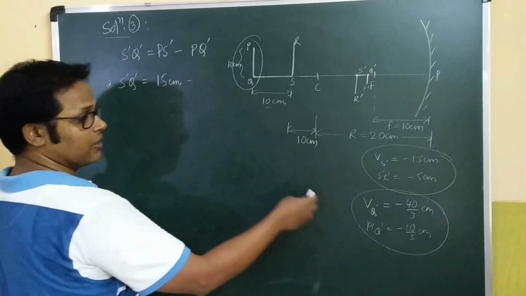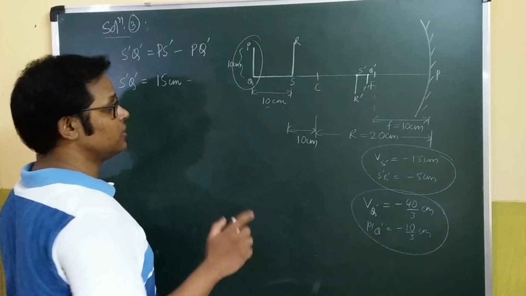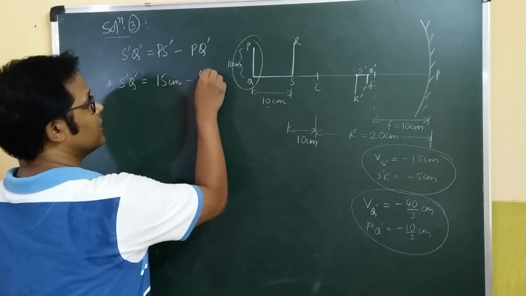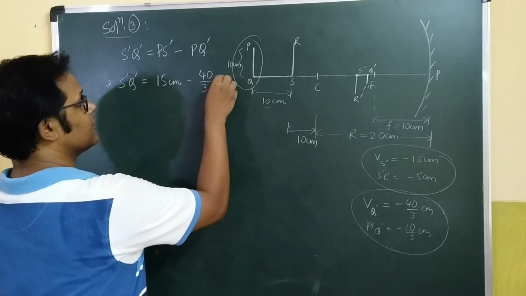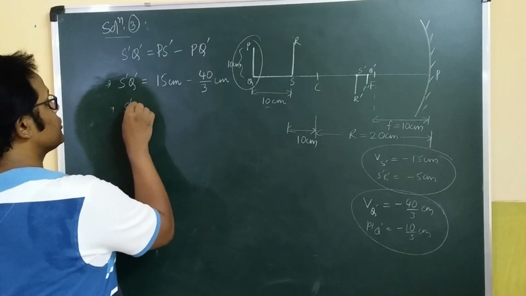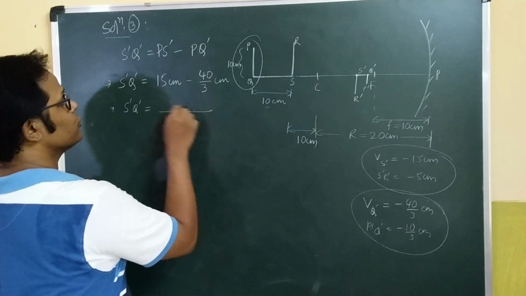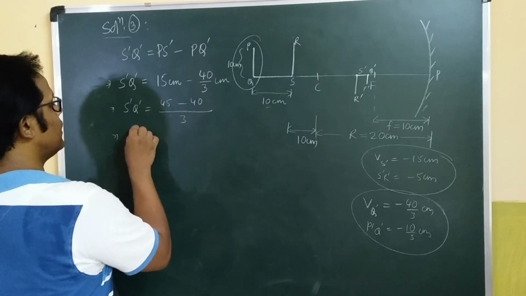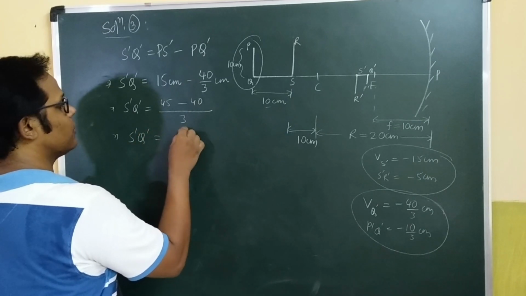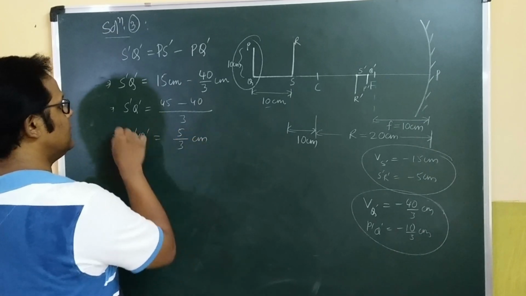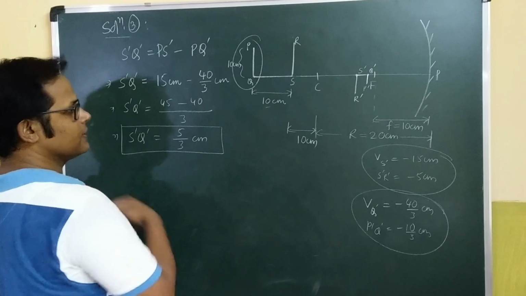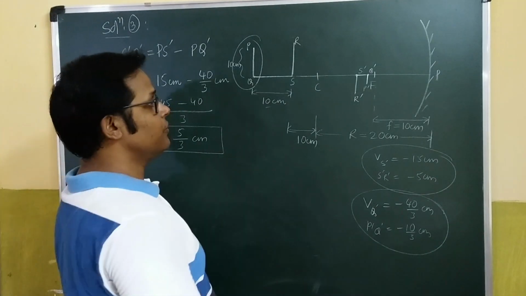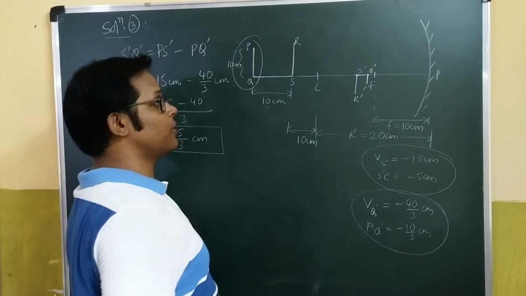I'm just subtracting, okay? I'm not using the sign convention because I need only the length, not the sign. So S prime Q prime is equal to, this is 45, this is 40, this is 3. So S prime Q prime, the length, is only 5 by 3 centimeters. So my dear students, we are closing in on this problem.